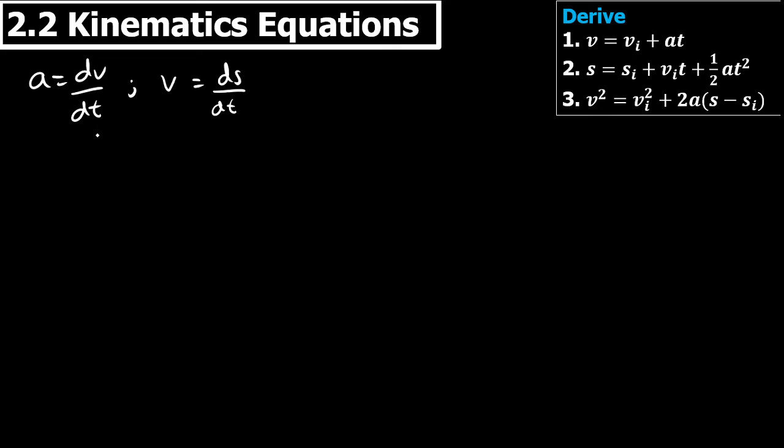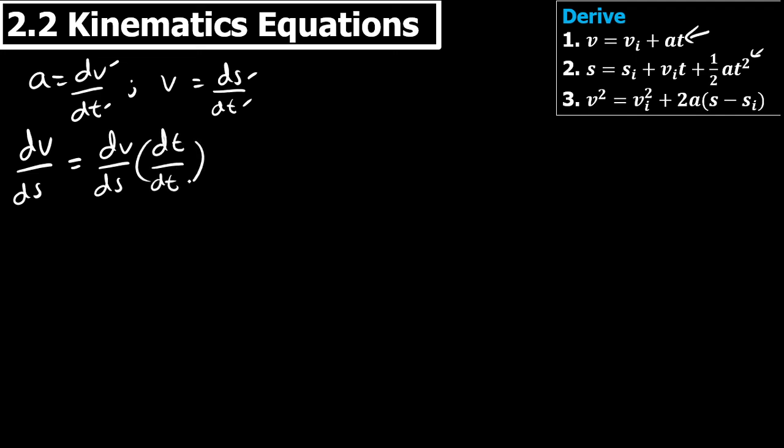Because for the first equation we wanted v as a function of t, and for the second equation we wanted s as a function of t. Now what we want is dv over ds. Of course, we don't have any definition to start from, but what we can do is multiply it by dt over dt, which is just 1.